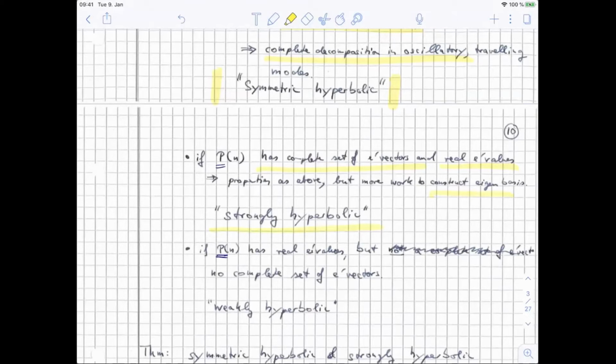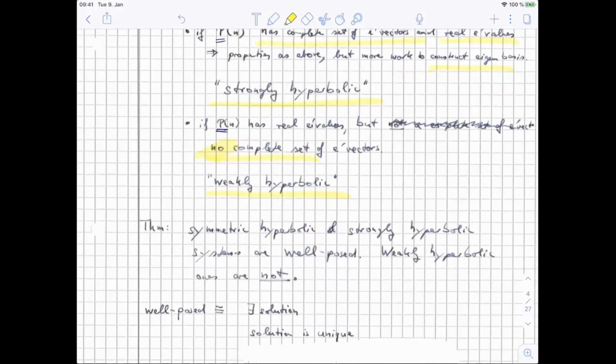If P of n has real eigenvalues, but no complete set of eigenvectors, then the equations are called weakly hyperbolic. And if P of n doesn't even have real eigenvalues, if some of them are complex, well then life is even worse. I don't even know what the name then is, because those complex eigenvalues would not be traveling waves, but exponentially growing waves.